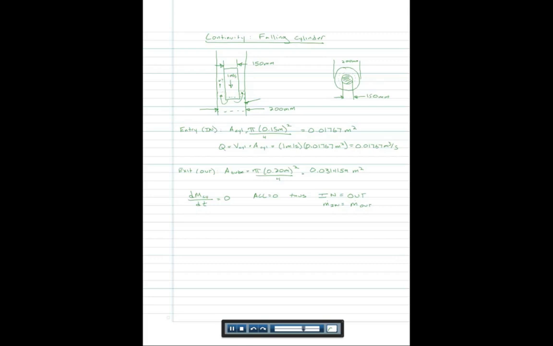Or, well, we'll consider things in terms of the volumetric flow rate. The volume of what's going in equals the volume of what's going out. And I guess I ought to be careful when I say that, because for the mass to be conserved, the density of that cylinder would have to be the same as the density of water.